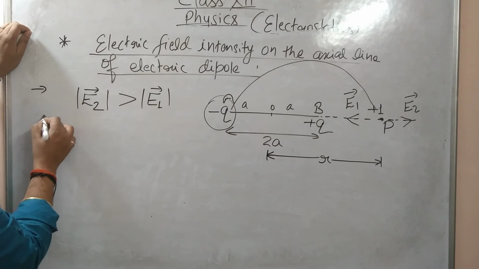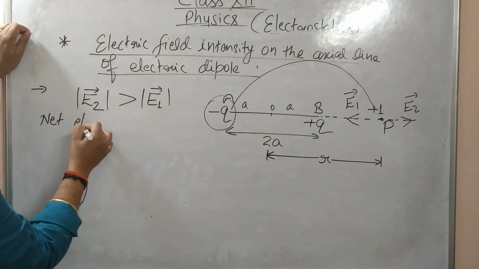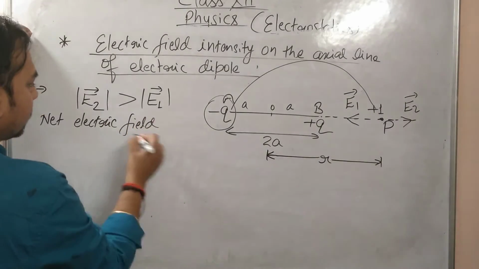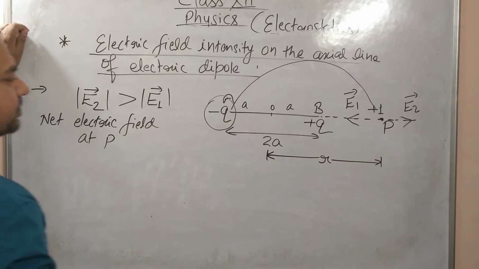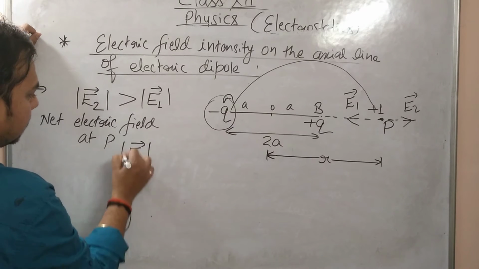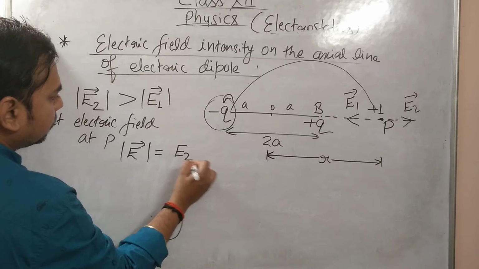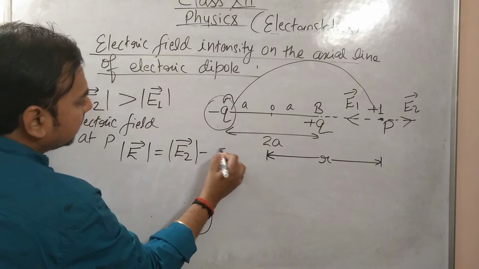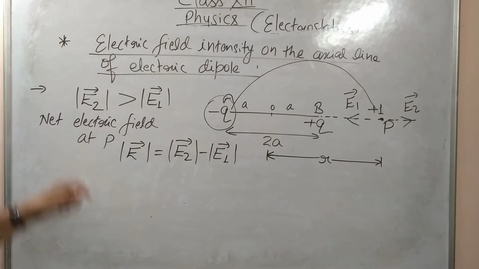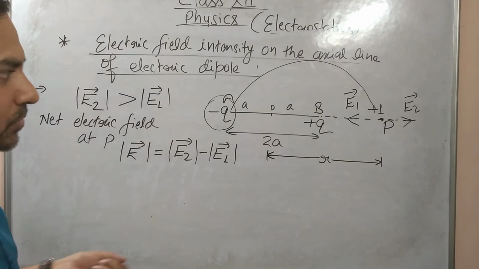So the net electric field at P will be E equal to E2 minus E1. This time we are talking about only magnitude.